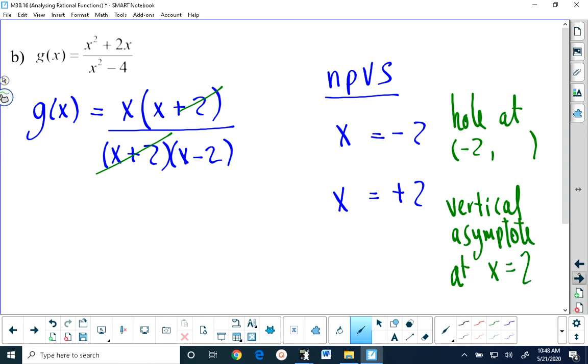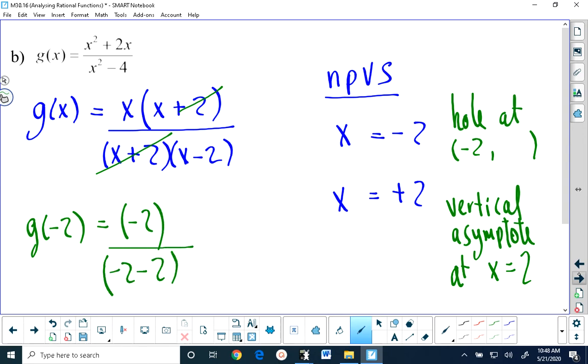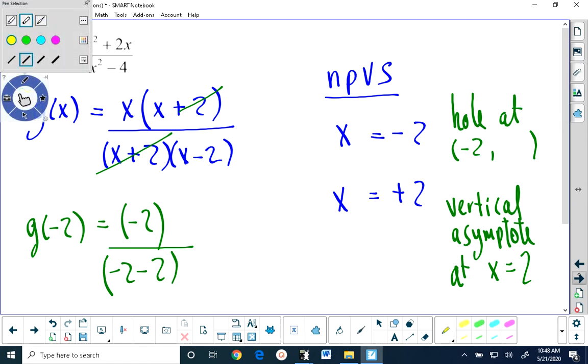at x equals 2. The only thing we have left is to find the y-coordinate of the hole. Well, the y-coordinate of the hole is found by putting the x-coordinate of the hole in for x in whatever is left. So when we take a look at what is left after I cancel, it's x over (x minus 2).